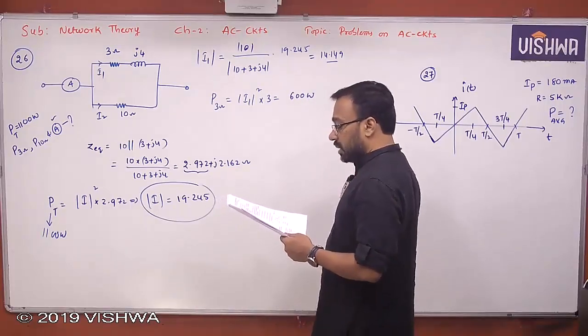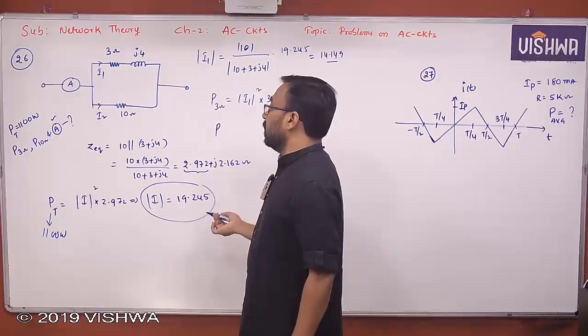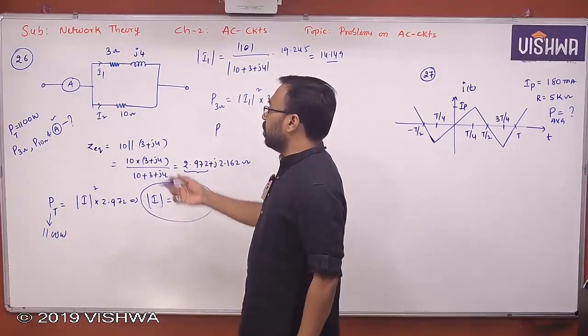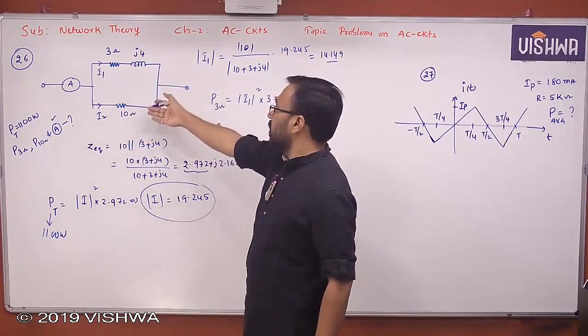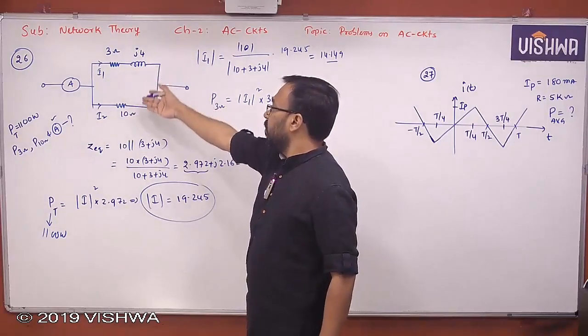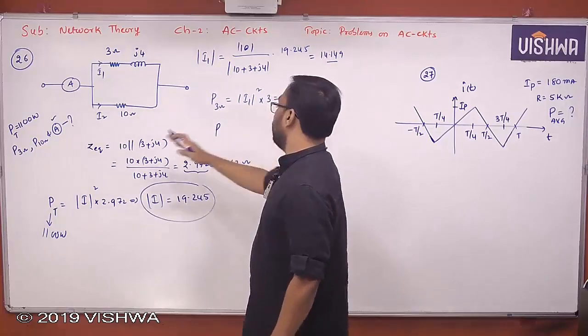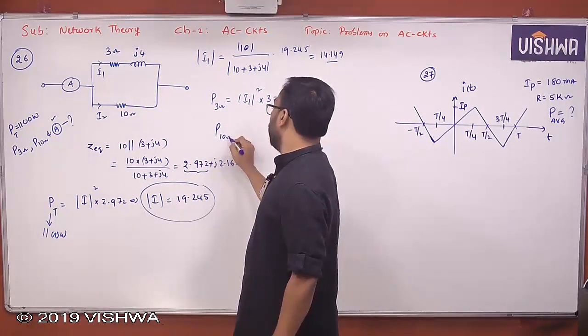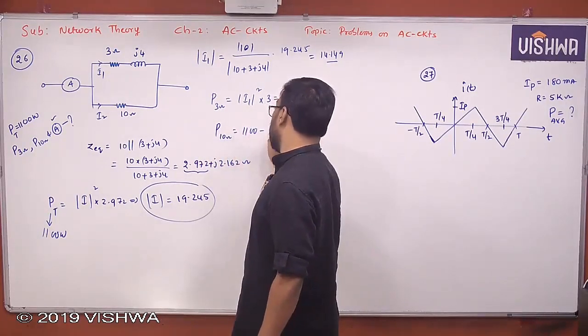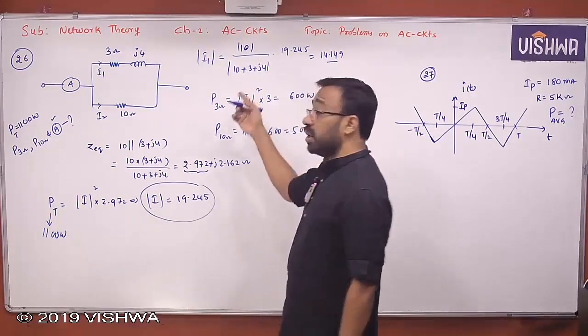Okay, you will get 600 watts. Once you get 600 watts, what is the remaining power? According to the theorem, the total active power must be the sum of the active powers consumed by the loads. Total power is known, therefore the two resistors are consuming the power. This is consuming 600. The remaining power of the 10 ohm will definitely be 1100 watts minus 600, that is 500 watts. Or else you can find I2 also.